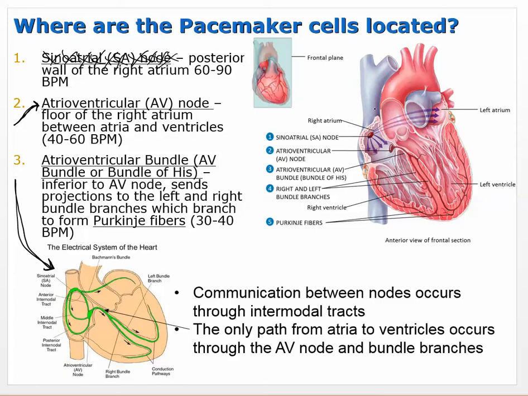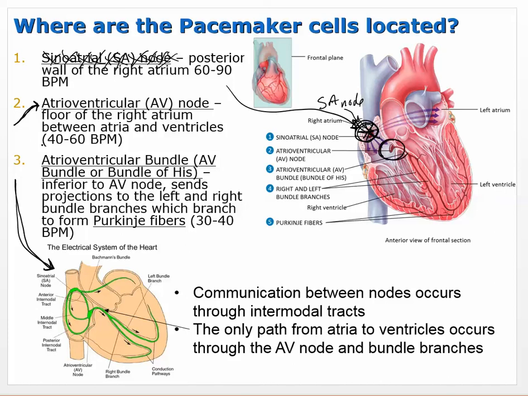Then you have another node, autorhythmic cell, or group of cells, called the AV node, atrioventricular. And so now we can look at this one. So here was our AV node right here. Okay, that's our AV node. Well, if it fails, or I'm sorry, this was the SA node. SA node is the first one, so that's there. So if the SA node fails, then the AV node will kick in. It's a little slower.